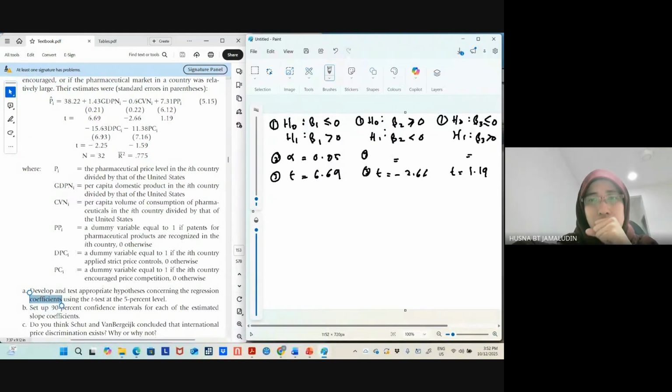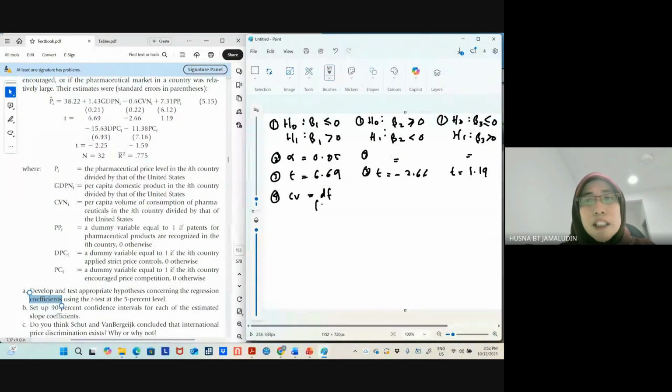Number 4 is your CV. How to find the CV? You still remember? You have to go to the T table, right? Okay, we'll go to the T table. But remember for the T table, you have to play around with the DF, degree of freedom. So what is the degree of freedom's formula? DF is not n minus 1, right? So what is the n?